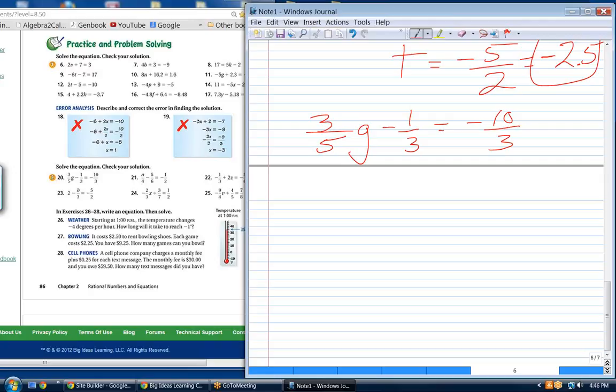Well, almost all equations are multi-step if you think about it. Well, yeah, but these more are multi-step. In other words, I'm going to add a third, and then I'm going to multiply both sides by 5/3. So that's 2 steps. So I'm not quite sure what they mean by multi-step. I could make up some and give you that are harder. Yeah, 3 or more is what they usually do.